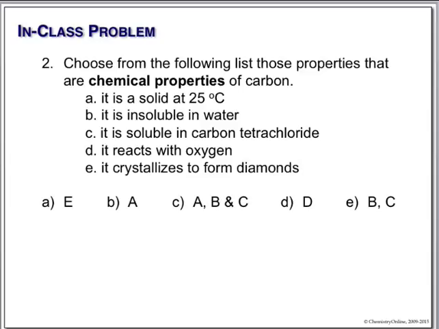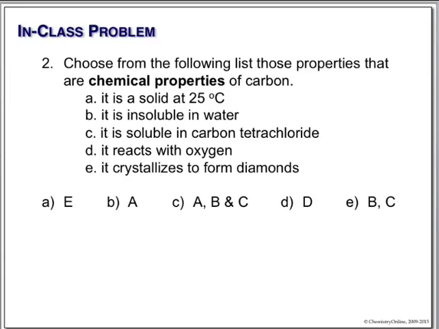Carbon. Which of these are chemical properties? It's a solid. Chemical or physical? Well, it's physical, isn't it? Insoluble in water. Well, it just sits there. So that's just physical, isn't it? Soluble in carbon tet.